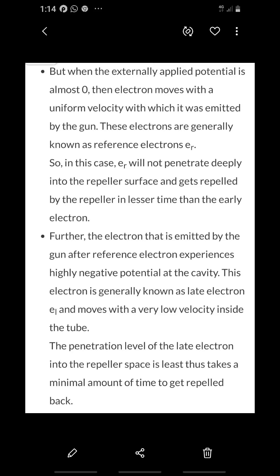The penetration level of the late electron into the repeller space is least, thus it takes a minimum amount of time to get repelled back.